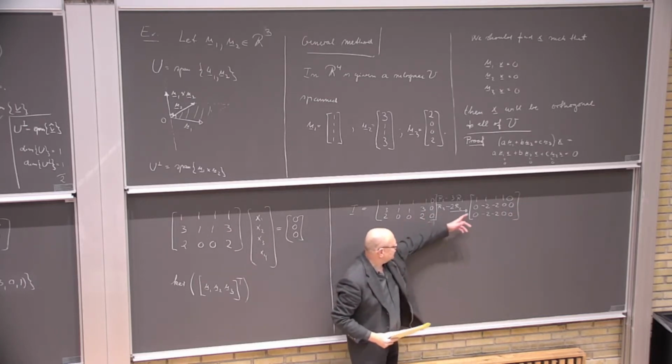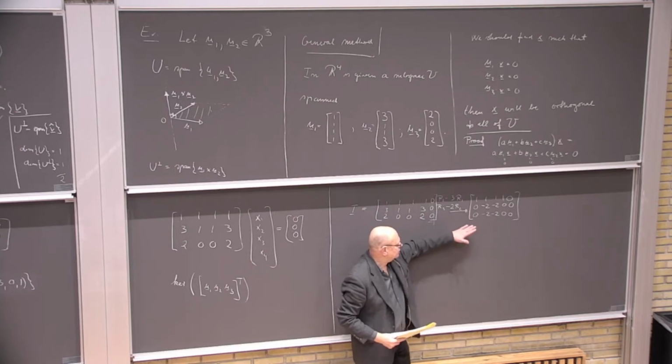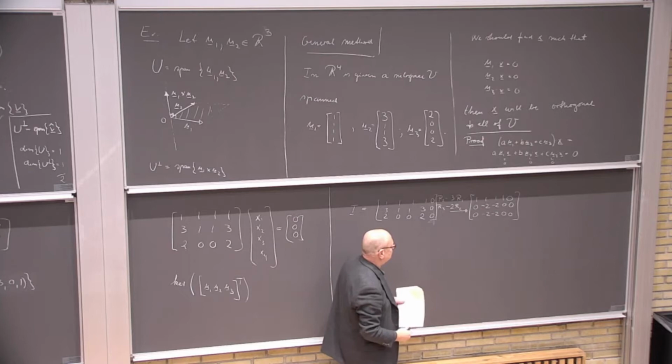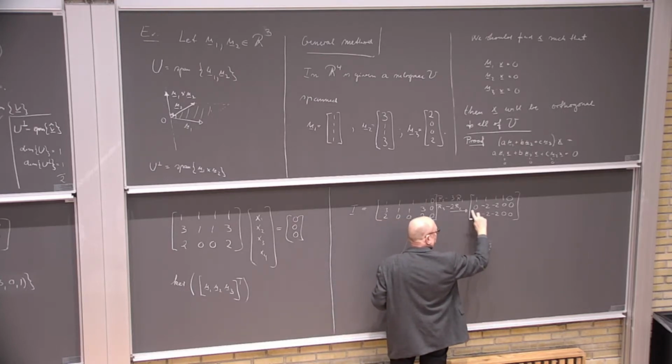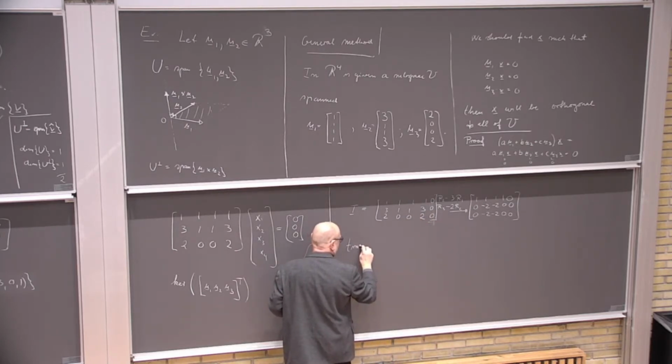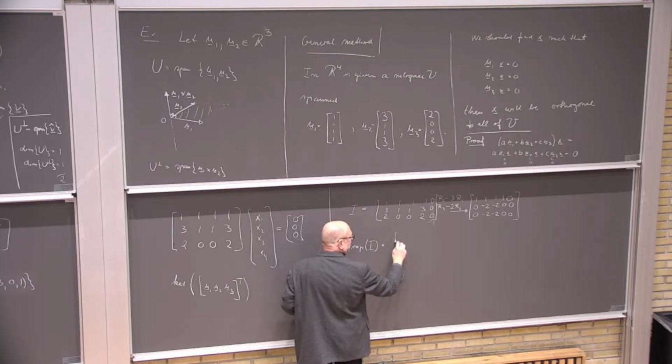Now you can see these two are similar, so you can subtract this from this and you get all zeros, and you can multiply this row by minus 1/2, and then write down the fully reduced matrix.